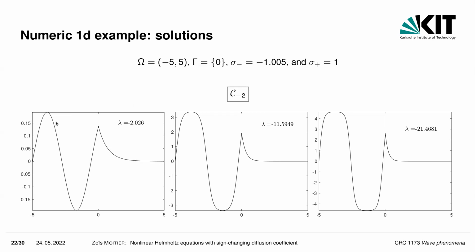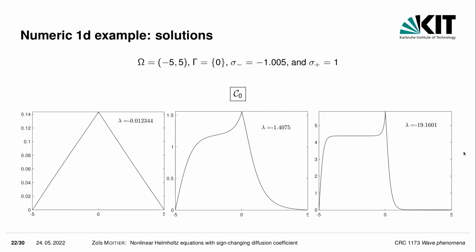This looks like the eigenfunction, and we see that we have two zeros in the negative part and no zeros in the positive part. As we go along the branch, the solution is a little bit different, but we still have two zeros in the negative part and no zeros in the positive part.